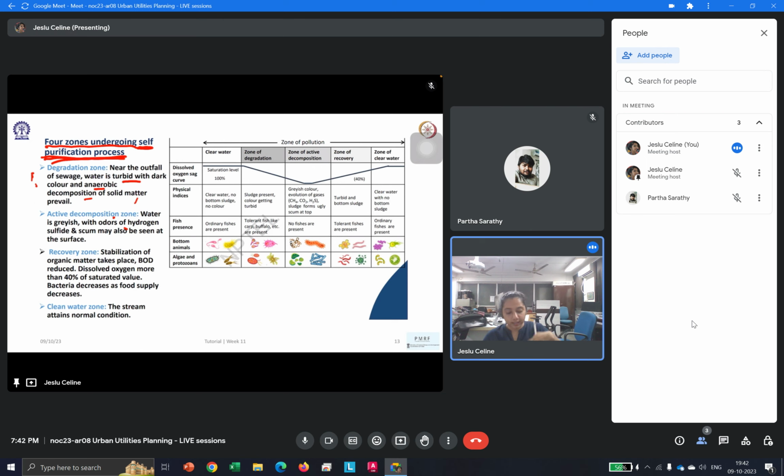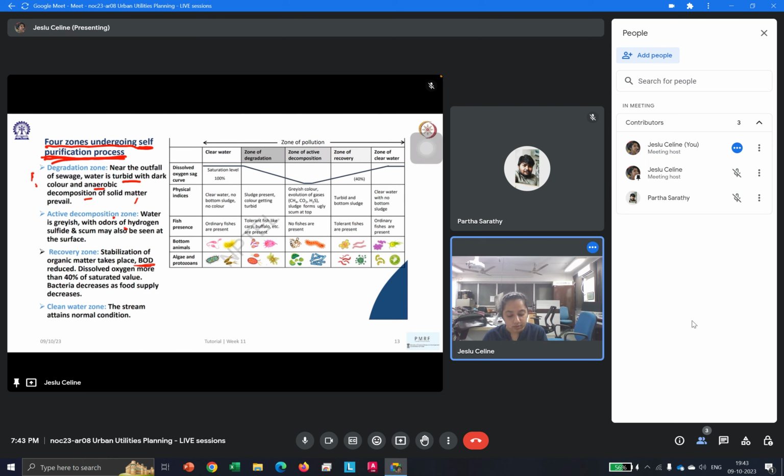Then comes our recovery zone, where we allow water to stabilize, meaning the water is allowed to settle down. After settling, the BOD, the biological oxygen demand, is also reduced.